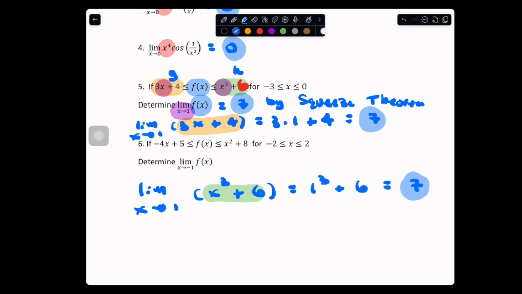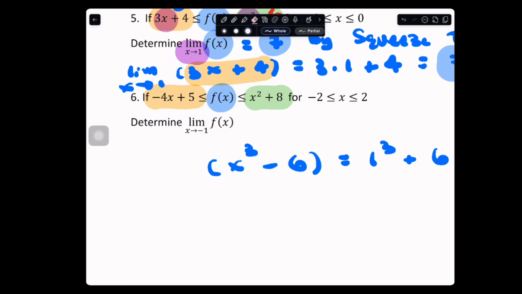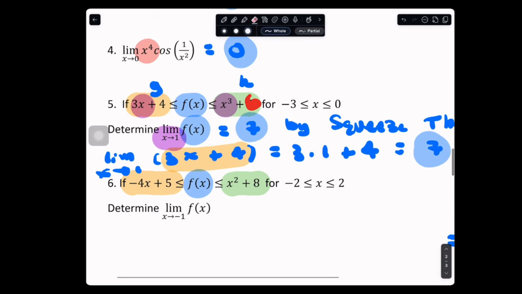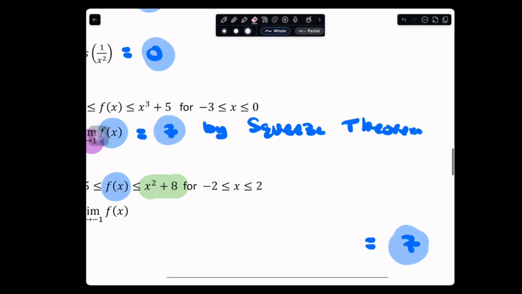What do you think is going to happen in number 6? The smaller function less than the middle function less than the larger function. Let me get rid of all this so it doesn't distract us.